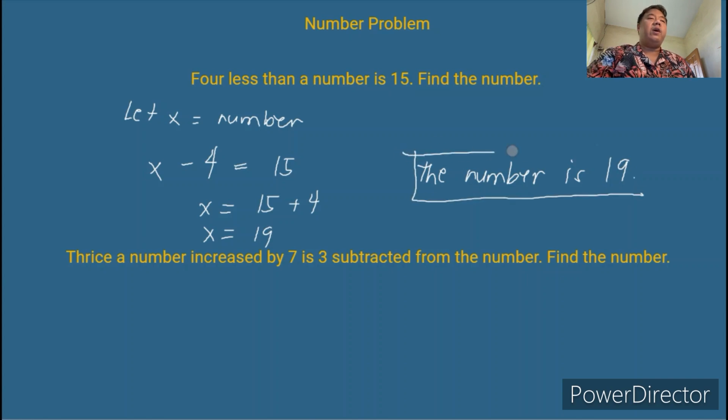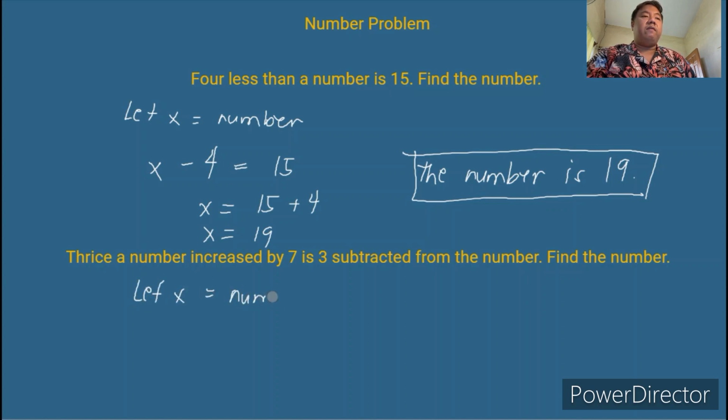Okay, another one. So, thrice a number increased by 7 is 3 subtracted from the number. Find the number. Okay? So, that is let x be the number, and then let us do the equation.